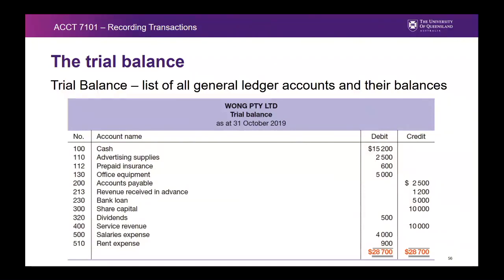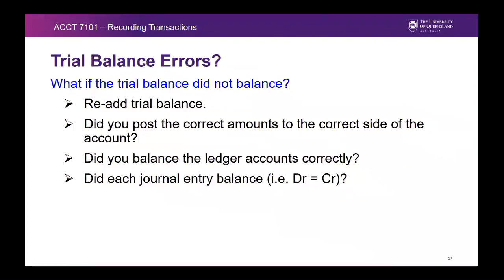Now, sometimes our trial balance doesn't balance. So the question is, what happened and what can we do about it? If you're asked to do a trial balance in the mid-semester exam, then try and relax. I know it's difficult, but you'll see my trial balance didn't balance.